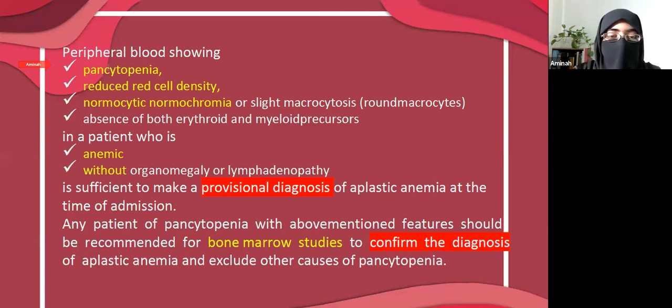However, in any patient where these criteria are fulfilled, they need to have bone marrow studies, because this is the only way to definitively diagnose aplastic anemia. Next.